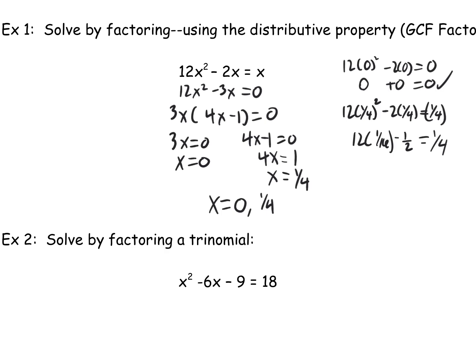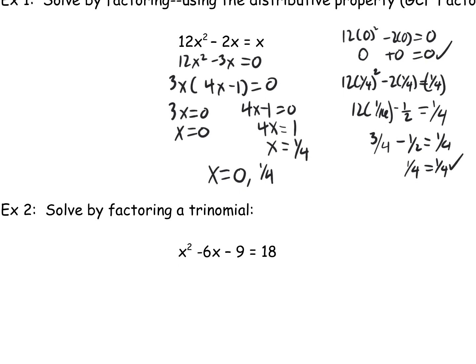Okay, so 12 times 1/16 is going to be 12/16, which is the same thing as 3/4. So I have 3/4 minus 1/2 equals 1/4, and 1/2 is the same thing as 2/4. So 3/4 minus 2/4 is 1/4. So that checks out. So both of those are good.